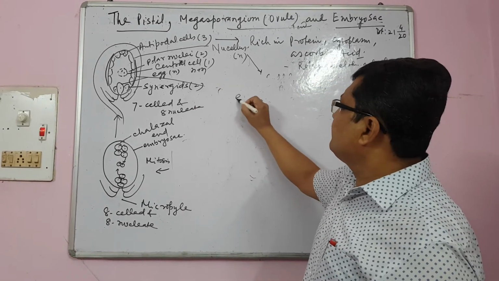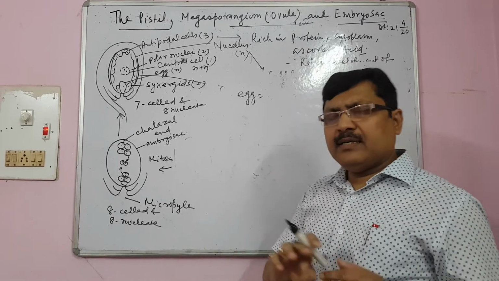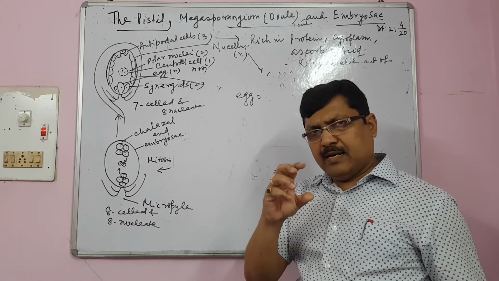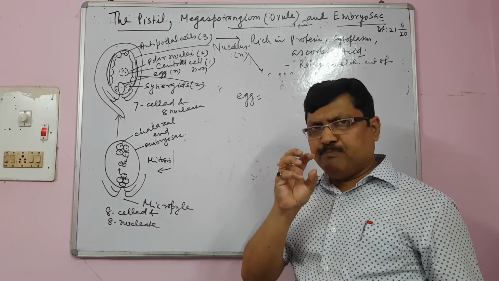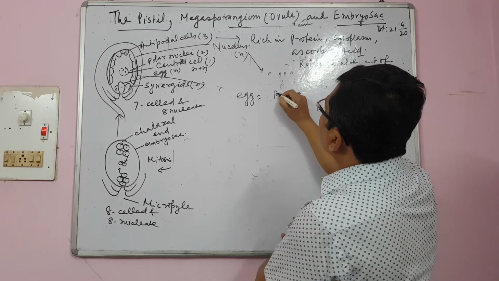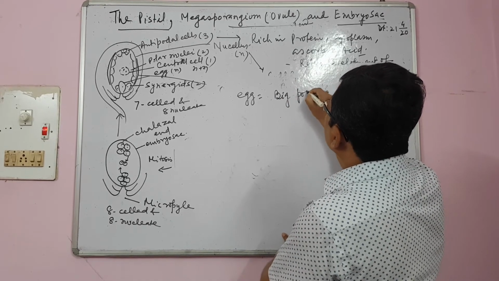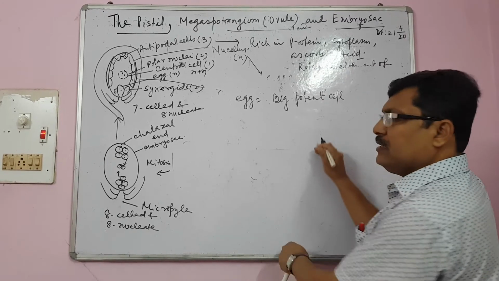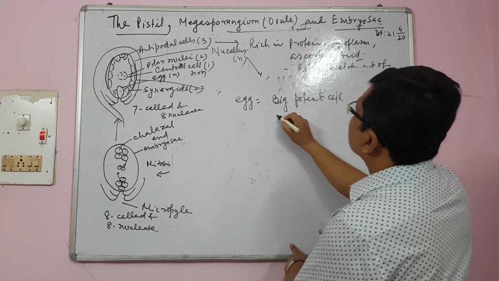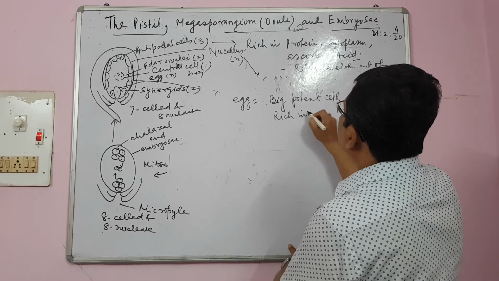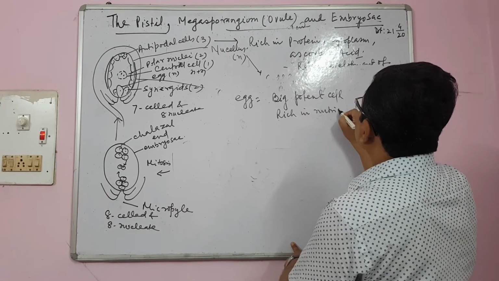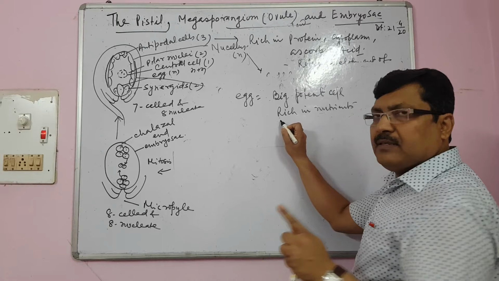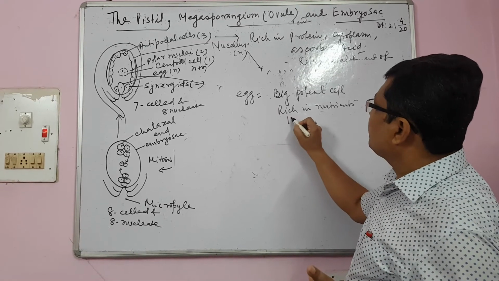Then the egg. The egg is a very big, potent cell, rich in nutrients, and haploid.